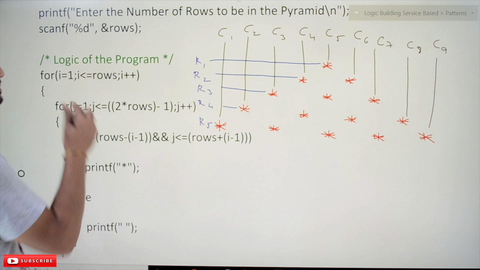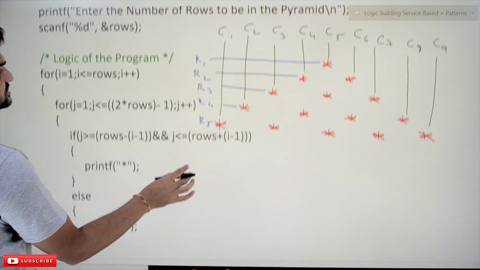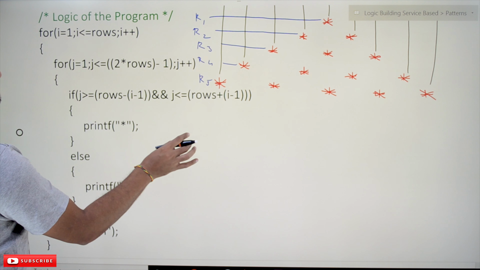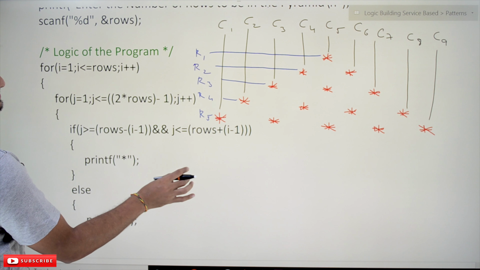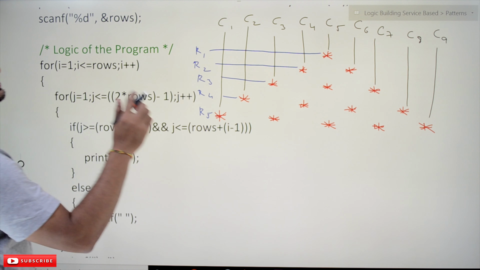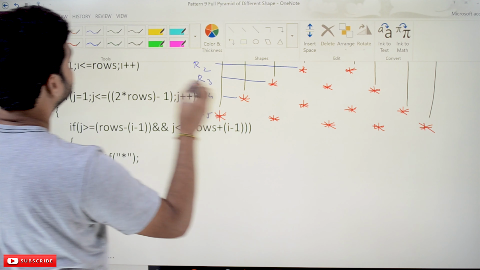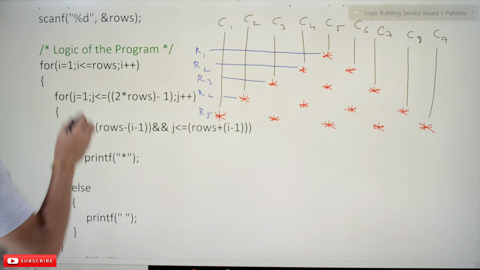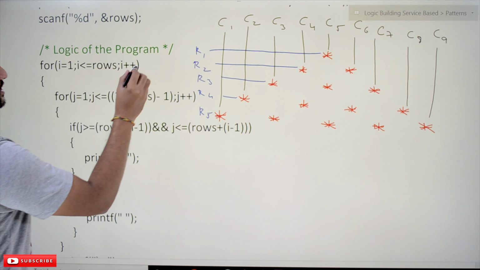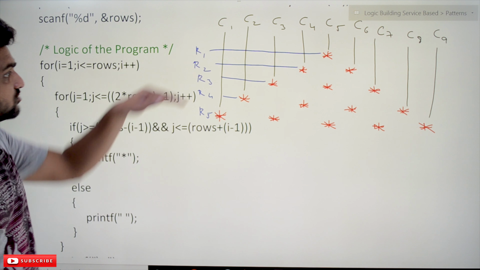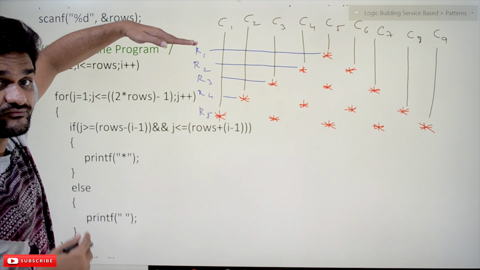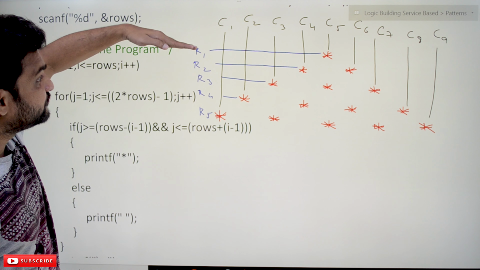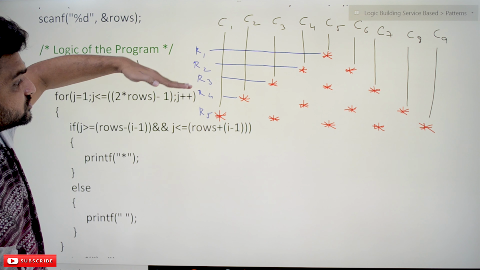Now what is the use of the first row? The first row states the row count, the count of the row we are in: first row, second row, third row, fourth row, fifth row.